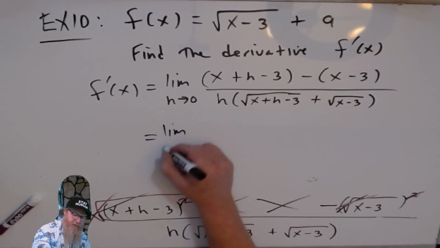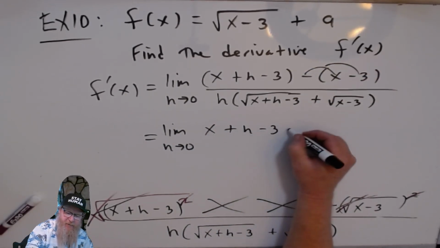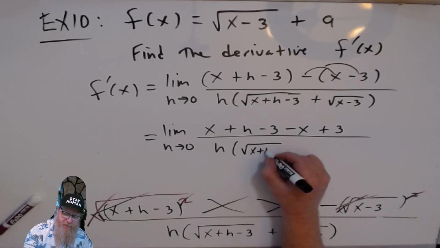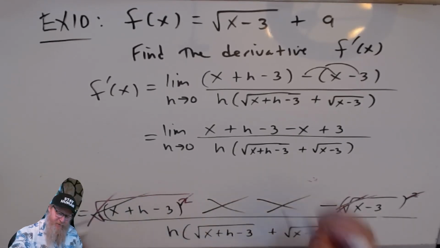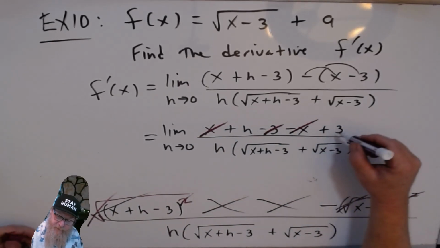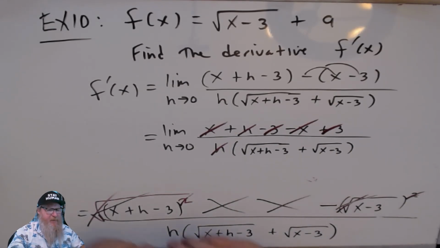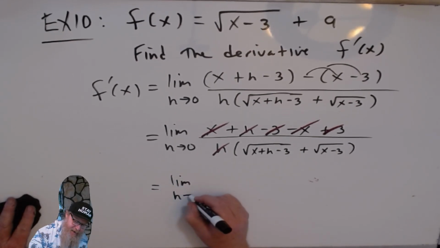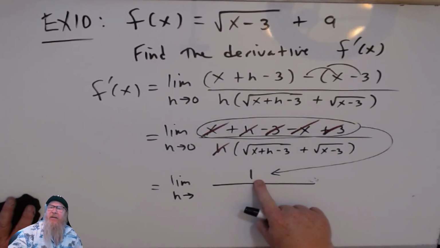Which is the limit as h goes to 0, distribute here: x plus h minus 3 minus x plus 3, all over h, times x plus h minus 3 plus x minus 3. Here's the canceling. I'll go ahead and cancel the h too now. I could wait, but I'm really running out of space. I always tell you to wait till the end with the h, but this is the end. So now if everything cancels up top, just put a 1.